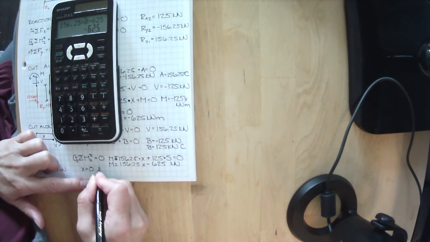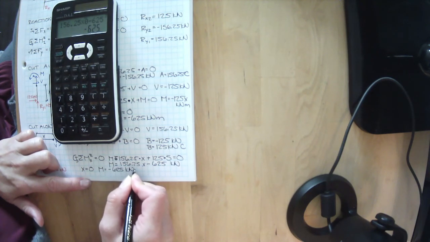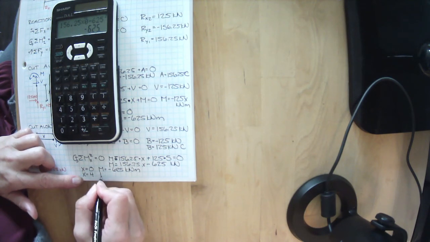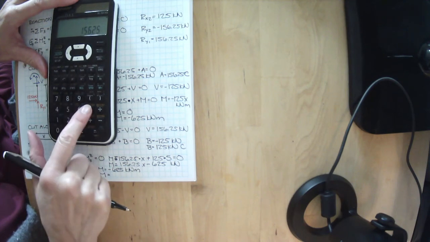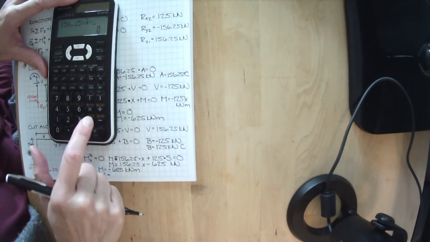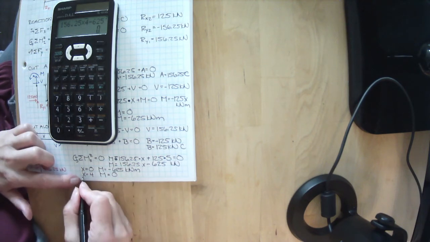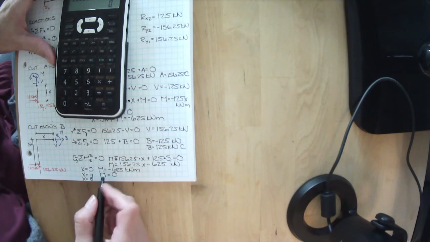So at x equals 0, M equals minus 625 kilonewton meters. What about at x equals 4 meters? M equals 156.25 times 4 minus 625. M equals 0.